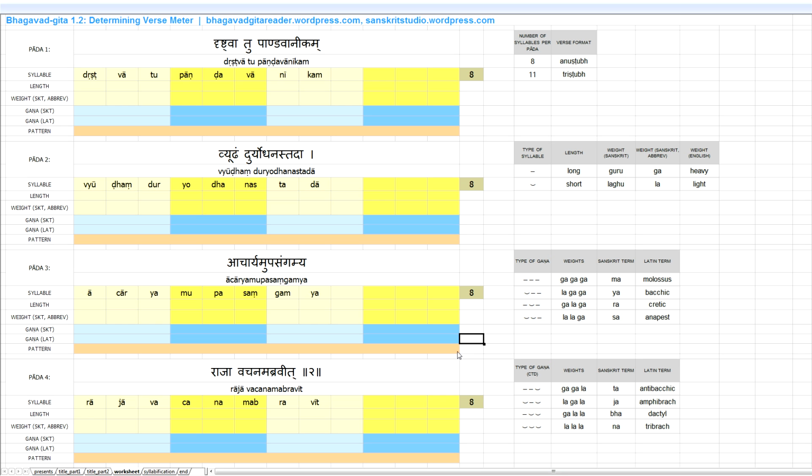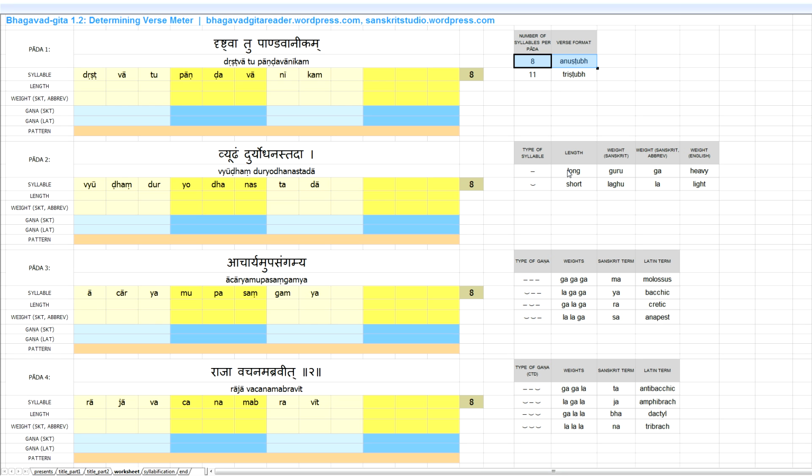Alright, so according to this scheme here, little exercise here, according to this table here also, we will see that this must be an anustubh meter. 8 syllables per pada.